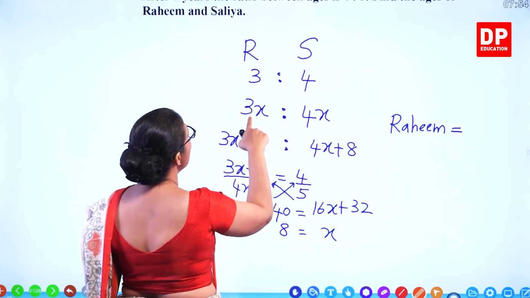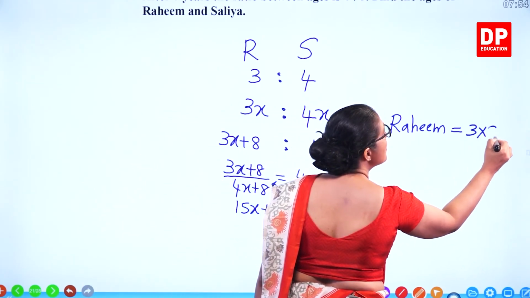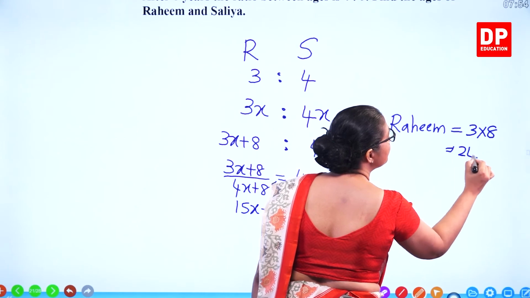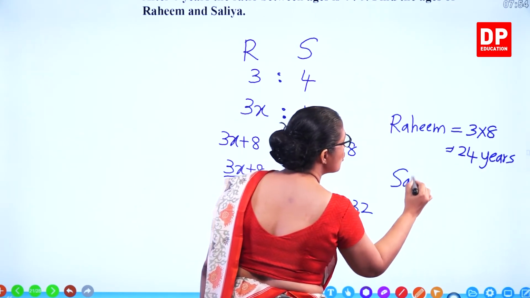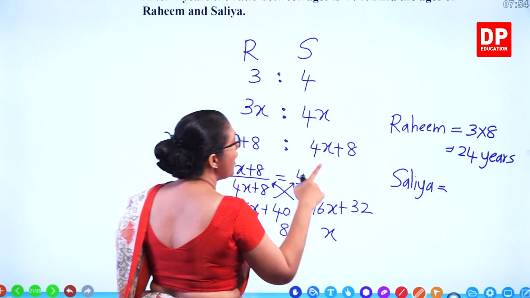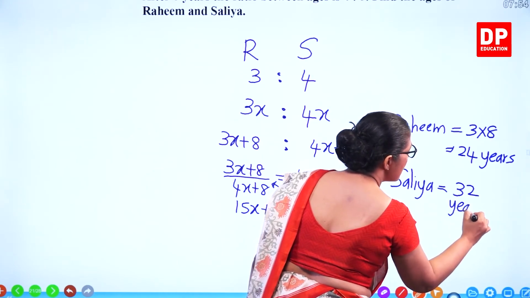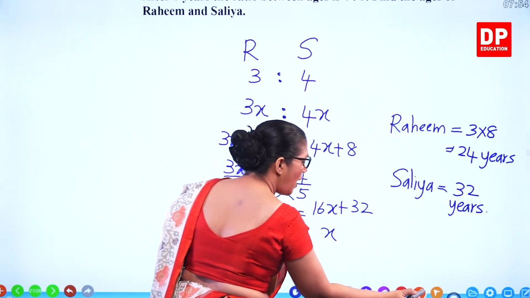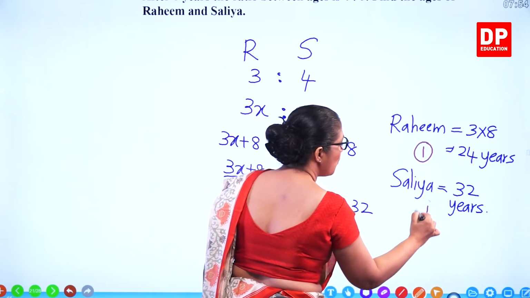Rahim's age is 3x. 3 times 8, 24 years. So what is Salia's age? Salia's age is 4x. 4 times 8, 32 years. So you get 2 marks, 1 each.